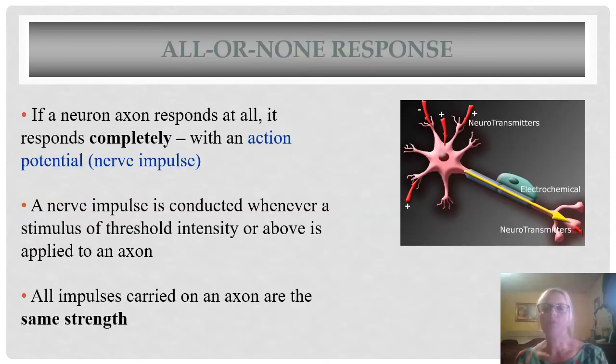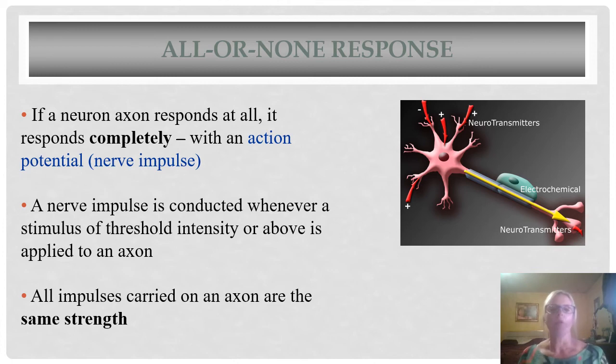So when it comes to neurons, we have the all or none law, and I've said this several times already. An action potential is an all or none response. It will either occur or not occur. There's no in between. It will respond completely. It doesn't depend on how often you get the stimulus, and you can't add them together necessarily. It's got to reach that threshold amount, all right?